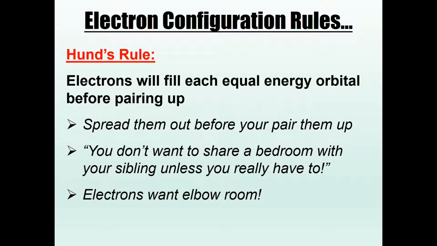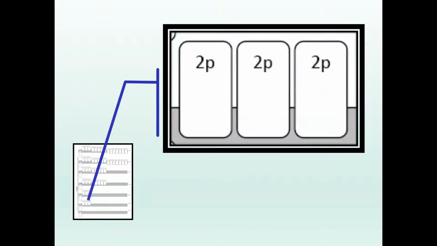And so because of that, they're going to want to spread across all the orbitals possible before they have no other choice. So if we were to look at, let's say, the 2p set of orbitals, the 2p set has px, py, and pz. I'm going to put 1 in px. I'm going to put 1 in py.